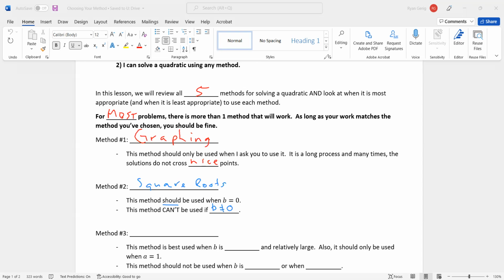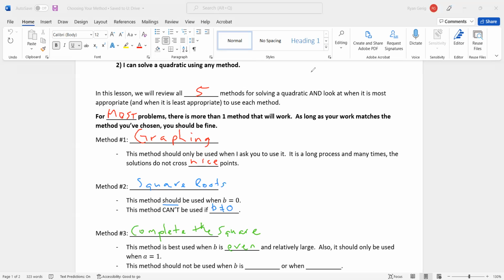All right. The third method is completing the square. I'll just put complete the square. This method is best used when b is even and relatively large. Also, it should only be used when a is 1.